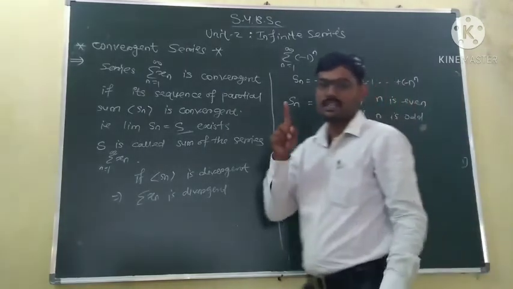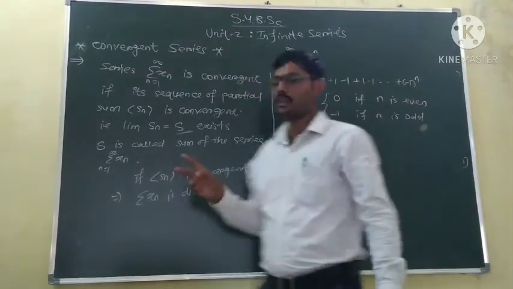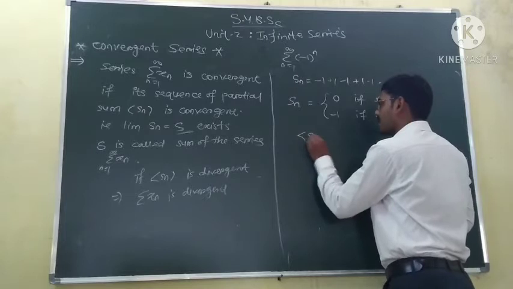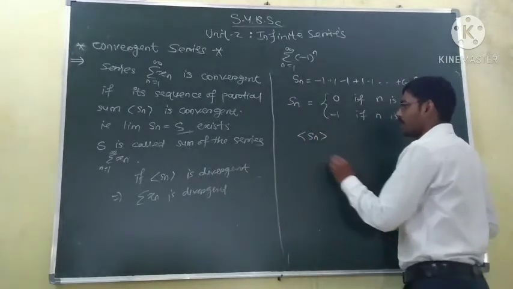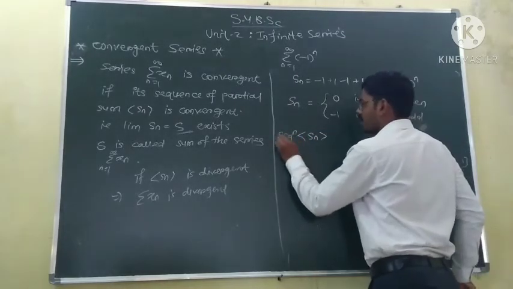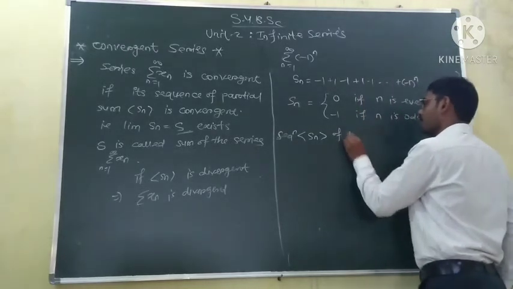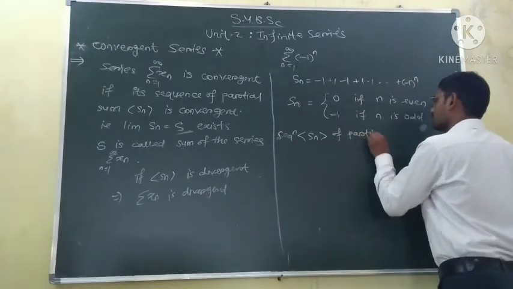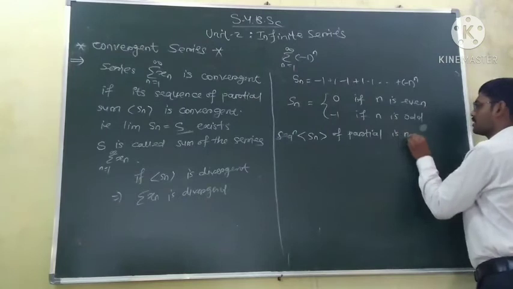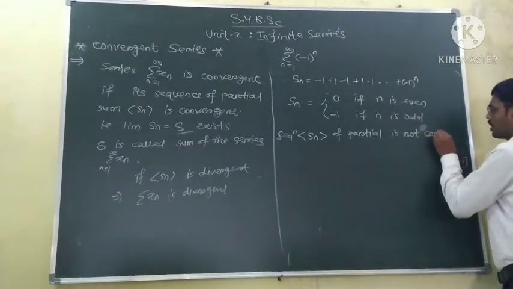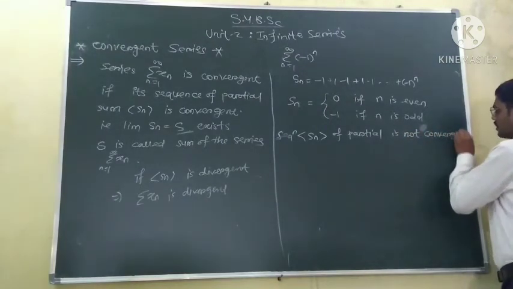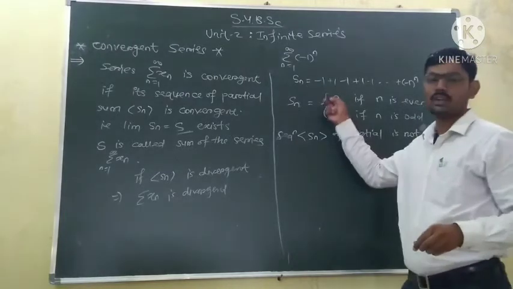But if a sequence has a limit, it must be unique. So this implies the sequence Sn of partial sums is not convergent. The sequence Sn of partial sums is not convergent.